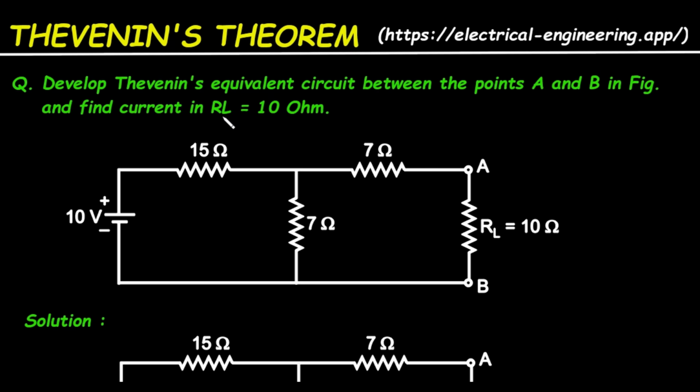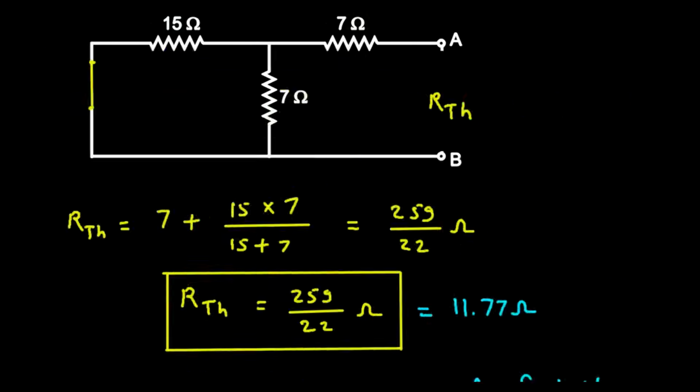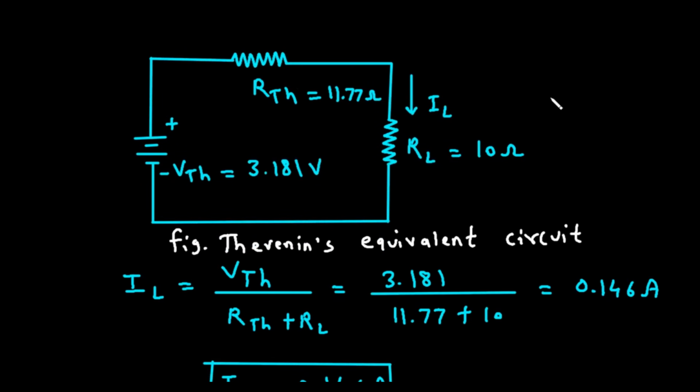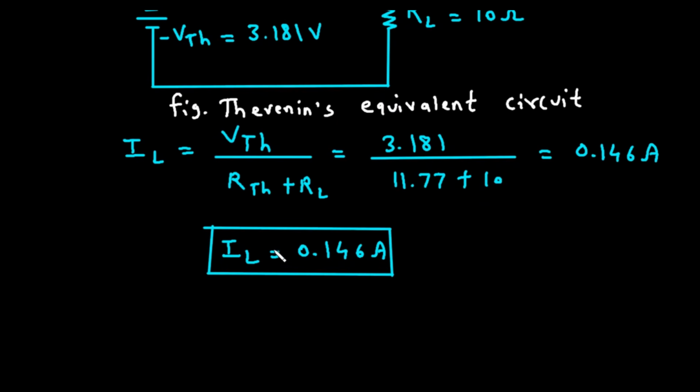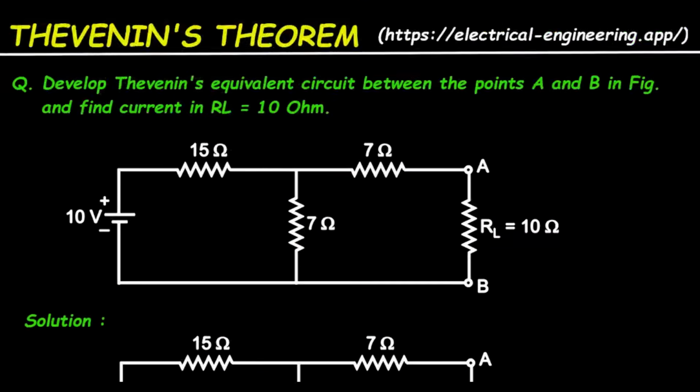Find the current in RL. That is, we have to find IL and the Thevenin equivalent circuit. So here, this is our Thevenin equivalent circuit, and this is the value of current IL, that is the load current. So this is how we can solve a problem by using Thevenin's theorem.